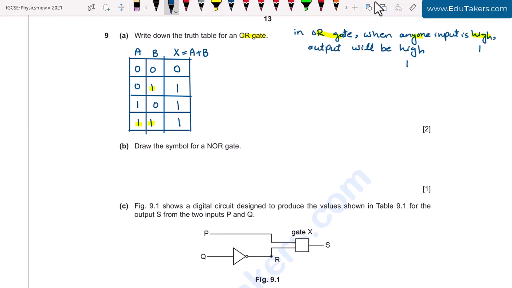Part B. Draw the symbol for a NOR gate. NOR gate is formed by the combination of OR and NOT gate. When we combine OR and NOT gate, we get NOR gate. And what will be the symbol of NOT gate? I will draw it here.